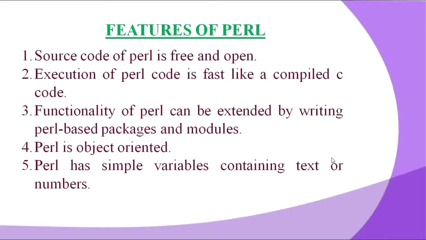Okay. Next. Execution of Perl code is fast like a compiled C code. Writing and editing of applications is fast when comparing to other languages. Next, functionality of Perl can be extended by writing Perl-based packages and modules. Okay. Next, Perl is object-oriented.